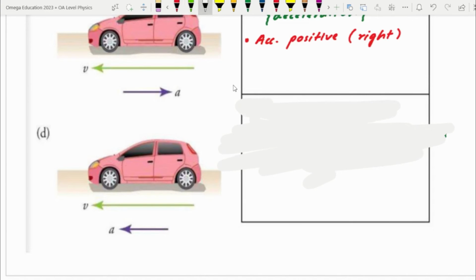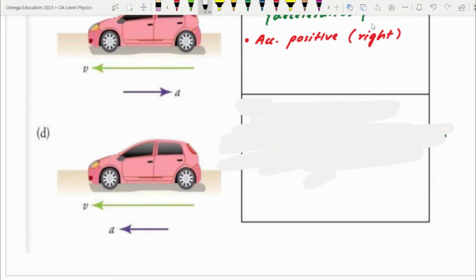Now the question is, with this information given, can you tell whether the object will be speeding up or slowing down? And the answer is yes, most definitely we can.